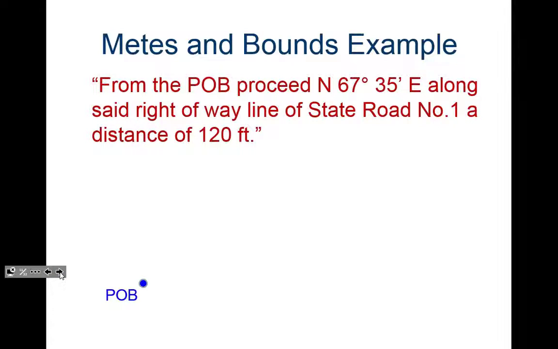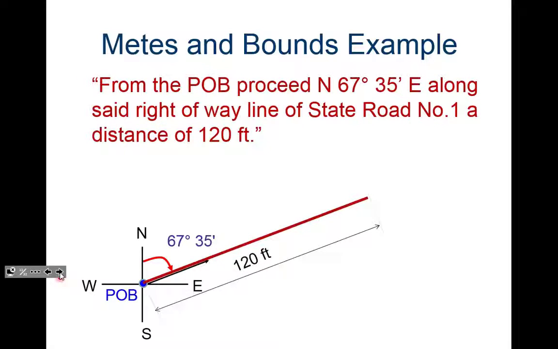Here's a great example. I believe this is that same one. From our POB, proceed 67 degrees, 35 minutes east along the right-of-way of State Road number 1, a distance of 120 feet. That makes sense.